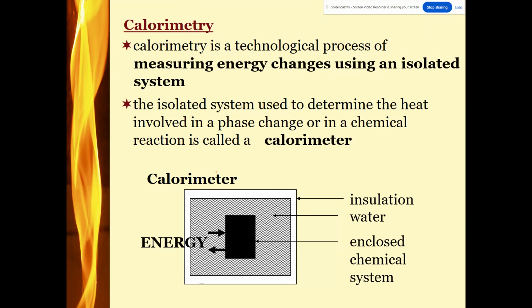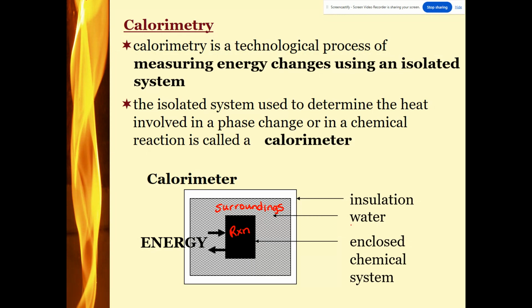So this is an image of a simple calorimeter, or not simple, I guess it could be a little bit more complex, but we have our reaction, again, RXN is short for reaction, taking place inside of this environment, and the reaction is either releasing or absorbing energy from the surroundings. The surroundings here are all what the calorimeter is made of. Okay?